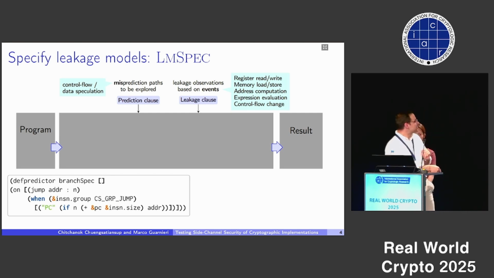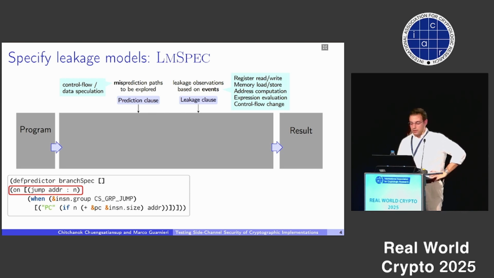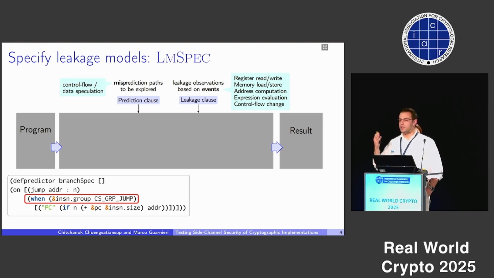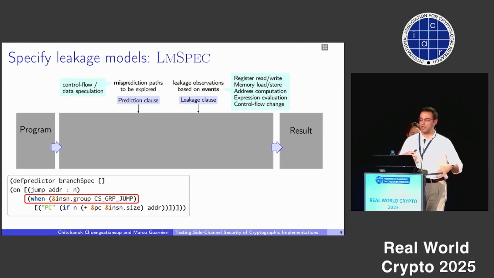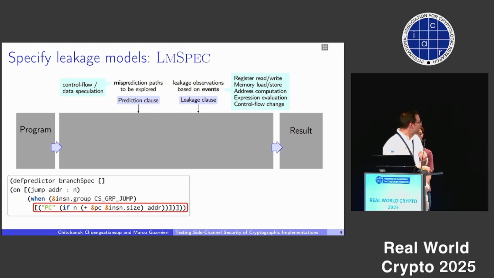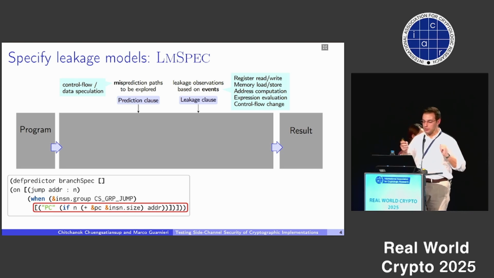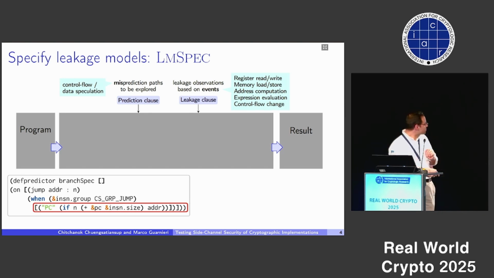We do so with the following clause. Again, the event that we intercept is changes to the control flow. So whenever there is a change in the control flow during the execution of our test case, we check if the instruction causing the change is a conditional branch. And if that's the case, we are going to produce a prediction. So we're going to mispredict the value of the program counter to the wrong path.